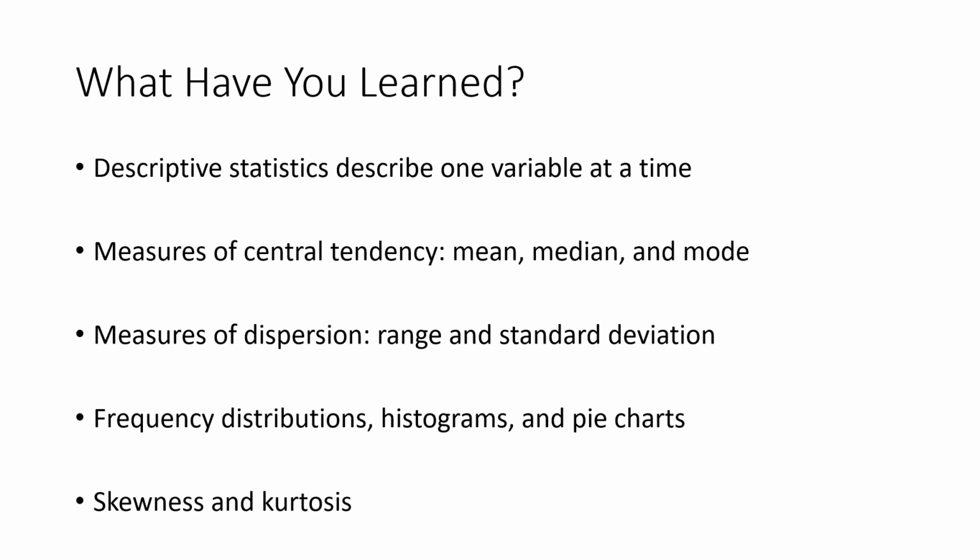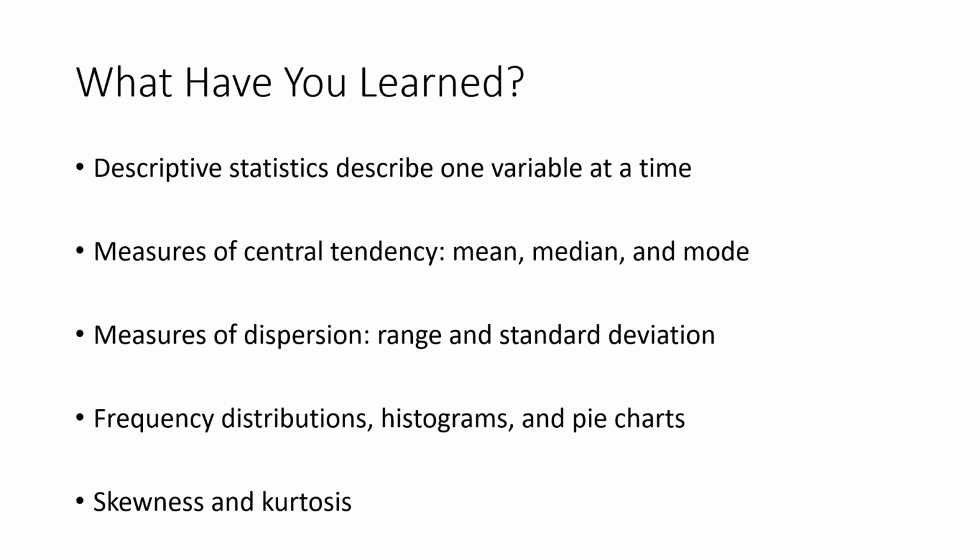We've also looked at measures of dispersion, so these are measures of the extent to which there is variability or spread of scores across the distribution, and the ones that we've looked at are the range and the standard deviation. And in this lecture, we've looked at frequency distributions, the breakdown of the counts of individual variables per each category, and histograms are essentially graphical representations of frequency distributions, as well as pie charts, which are more relevant for nominal level variables.